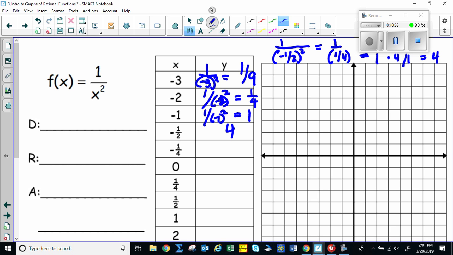So what do you think negative 1/4 will be? 16. 1 over 0 squared is? Undefined. Good job. And then I'll just repeat these values. They will also be positive. 1/4 and 1/9.